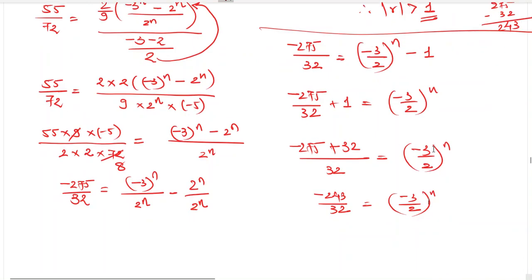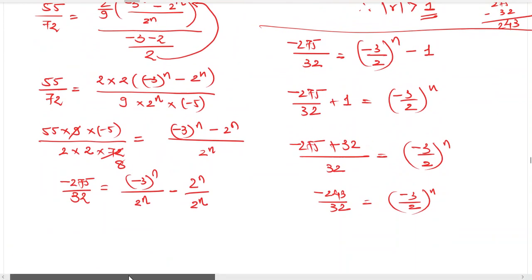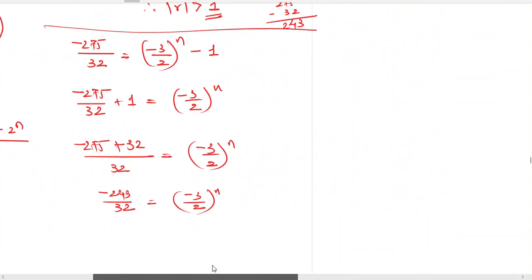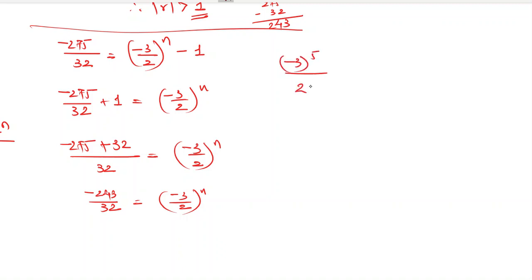Okay, just a moment. Okay, minus 243. What is minus 243? It is 81 threes. So 3 raised to 5. Correct? So minus 3 raised to 5. And what is 32? 2 raised to 5, is equal to minus 3 by 2 the whole raised to n.